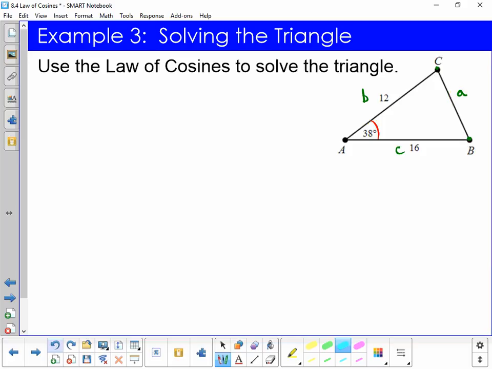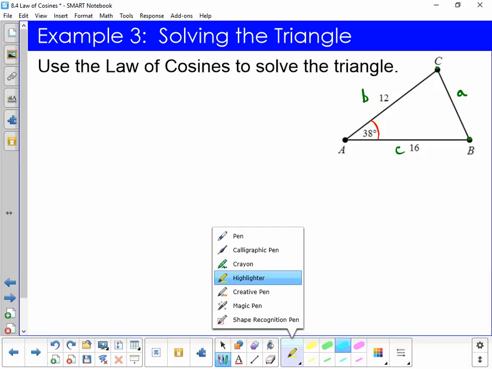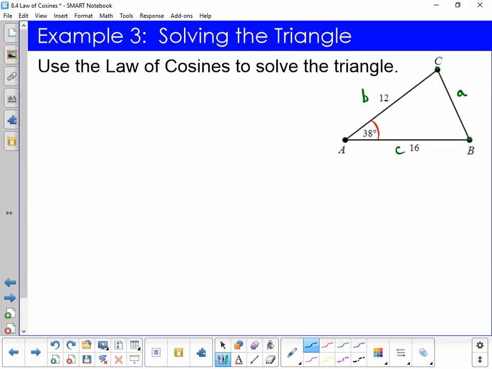So we have angle A, so I think we would like to use the version of the law of cosines that includes that angle A. We're going to use the version that says A squared equals B squared plus C squared minus 2BC times the cosine of A. Again, you can look on your formulas to get that.